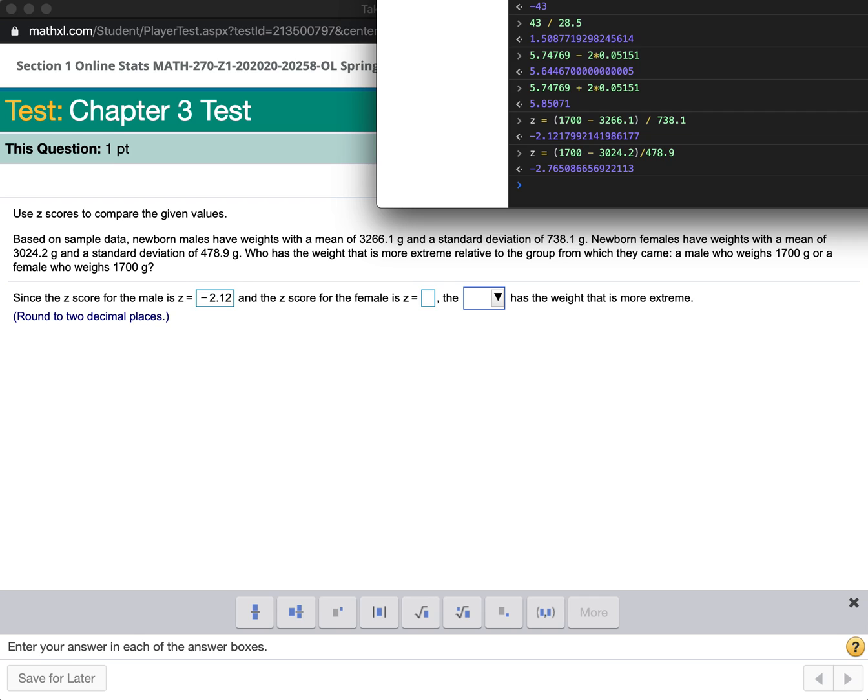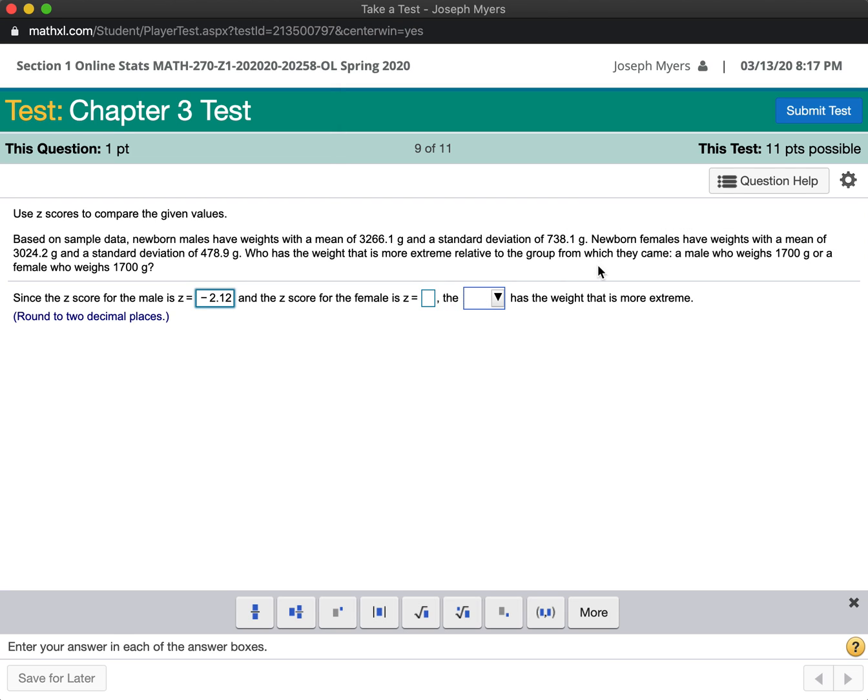So this z value is negative 2.765, which rounds off to negative 2.77.